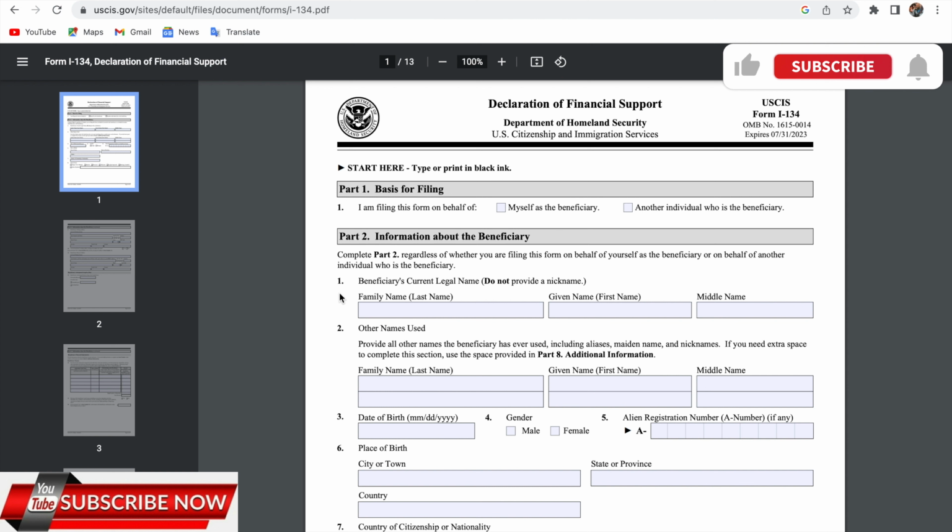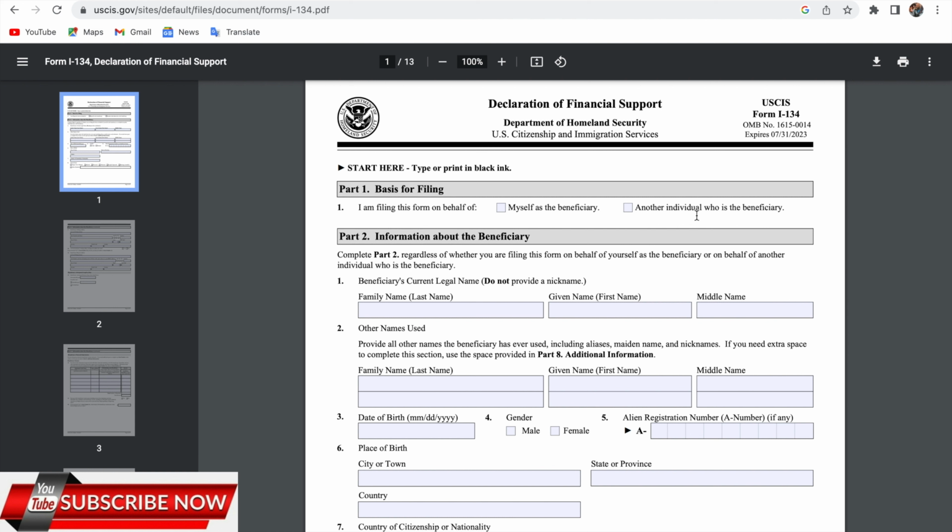So it says Part 1, Basis for Filing. It says, I'm filing this form on behalf of: myself as the beneficiary, or another individual who is the beneficiary. So who are you filing the form for? If you are the beneficiary and you are filling up this form, you just click myself.